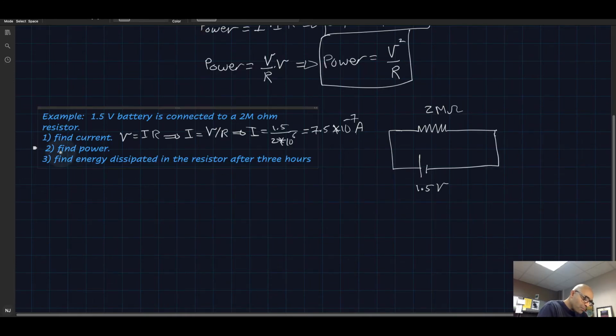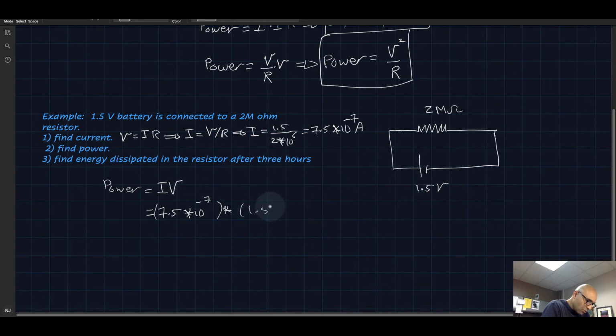Let's find the power. All right, we have the current, we have the resistor, we have the voltage, we have so many forms for the power. Maybe I will start with the easy one, I times V. Do we have the current? Yes, we do. We just found it. And we have the voltage too. When they say power of the circuit, for this one it is going to be equal to the current, which is 7.5 times 10 to the minus 7, times the voltage, which is 1.5.